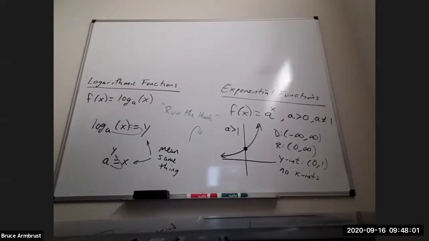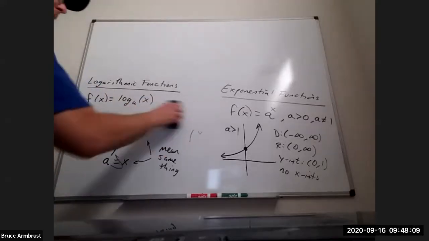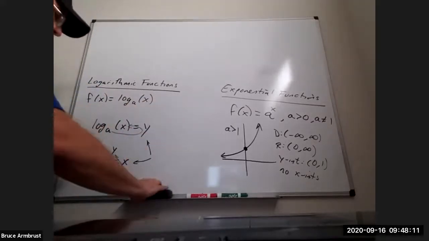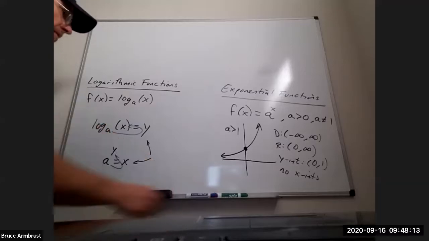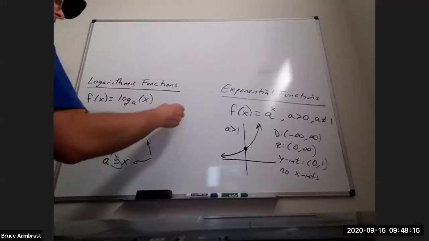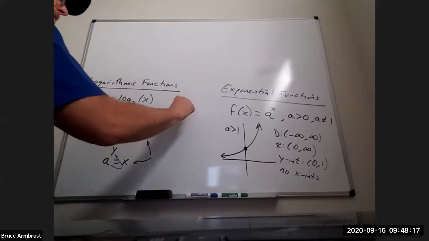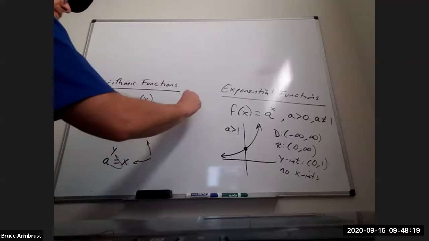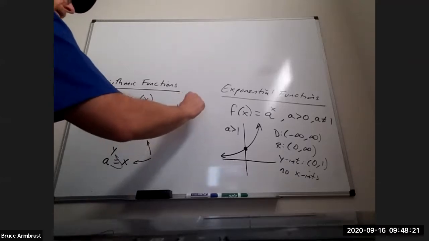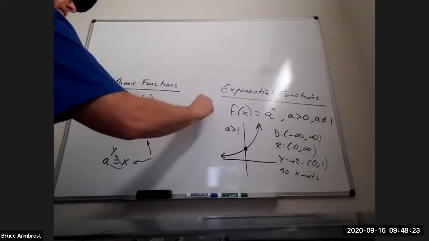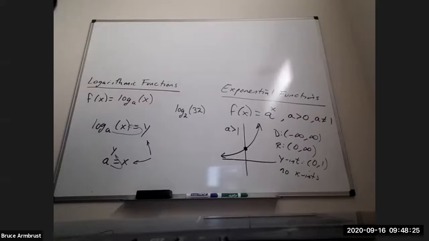So if you have a log expression, sometimes it's easier to turn it into an exponential expression so you can actually answer the question. So for example, suppose I said, tell me what this equals. I want to know what log base 2 of 32 is.